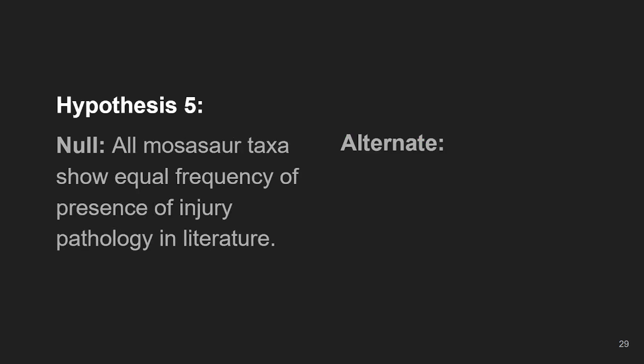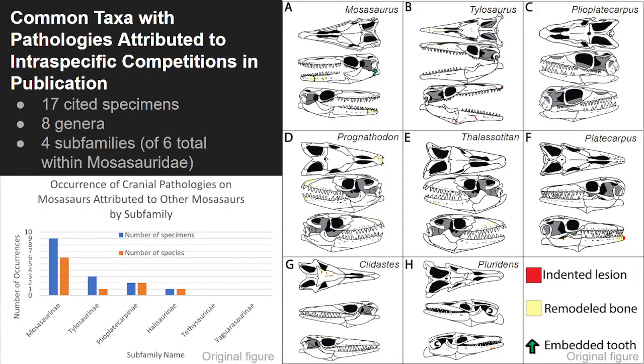Hypothesis 5, all mosasaur taxa show equal frequency of injury pathology in literature. The common taxa that we see in literature that exhibit these pathologies are Mosasaurus, Tylosaurus, Plioplatycarpus, Prognathodon, Thalassatitan, Platycarpus, Cleidastes, and Pleurodons. In each of these, you would see multiple species.